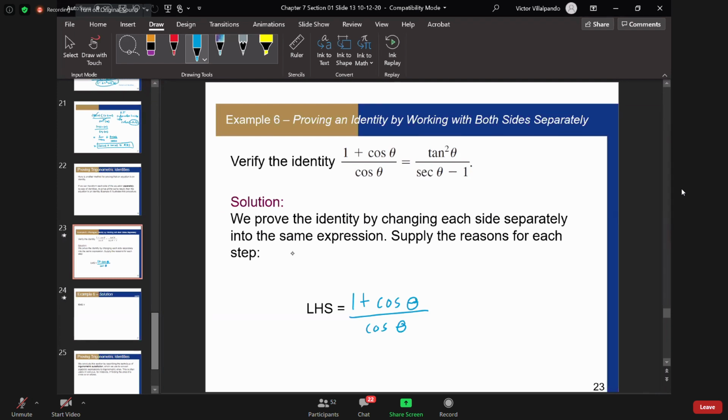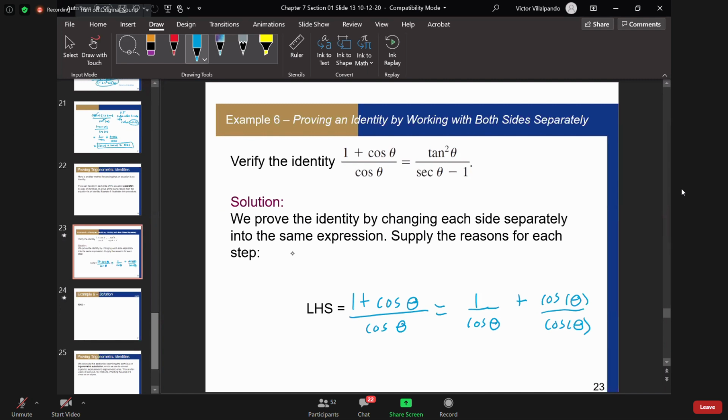That's just an algebra move. So we have 1 over cosine plus cosine theta over cosine theta. If it was minus, you would do minus.